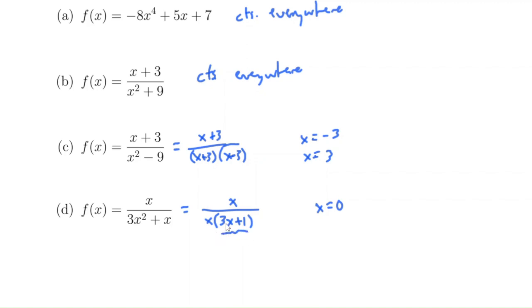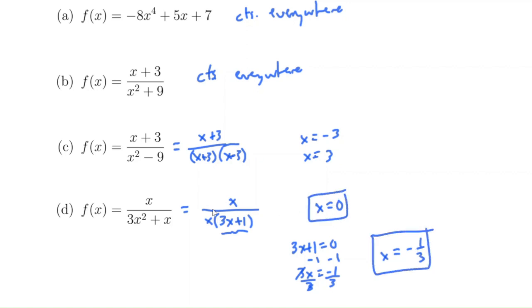It's not just x plus something or x minus something, so we can solve 3x plus 1 equals 0. Subtract 1 from both sides, and we get 3x equals negative 1. If you divide both sides by 3, x equals negative 1/3. So x equals 0 and x equals negative 1/3 are the places where this function is going to have a discontinuity.